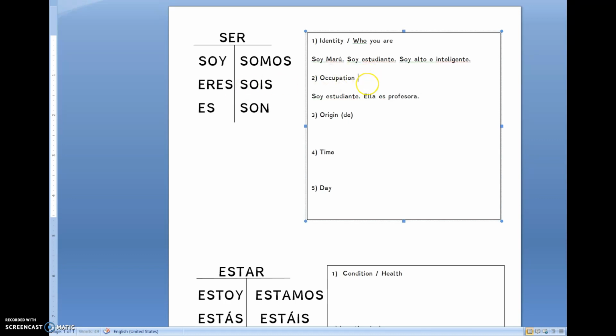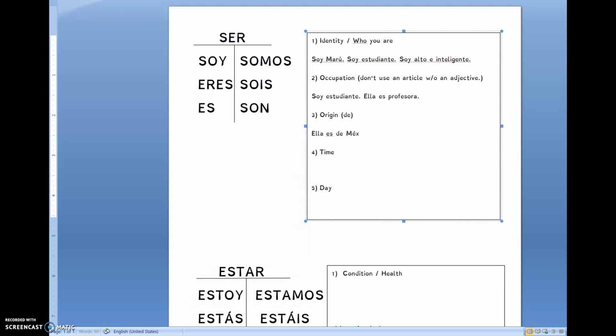Notice that when you're stating occupation, you don't use an article unless there is an adjective with it. So while in English we would say, I am a teacher, or she is a teacher, in Spanish you just say, ella es profesora. You don't put the un or una in there. Of course, you would use el or la if you're talking specifically. Oh, she is the teacher. Ella es la profesora.